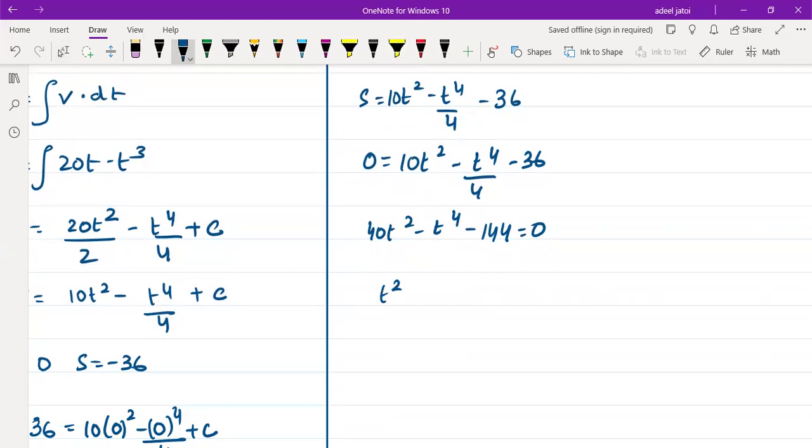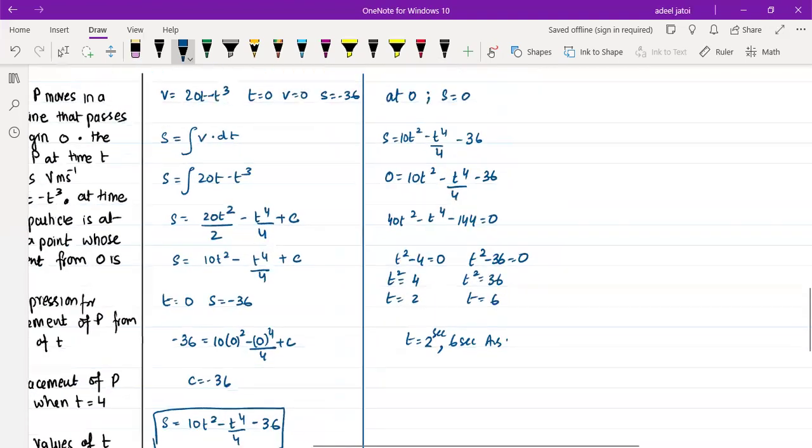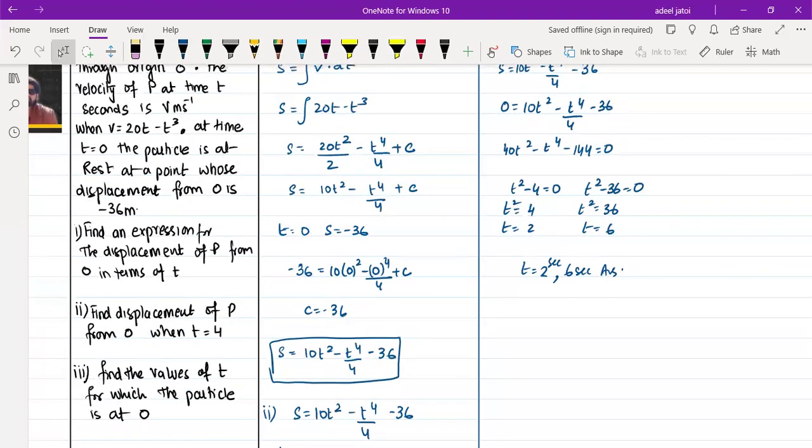So t square minus 4 is equal to 0 and t square minus 36 is equal to 0. t square is equal to 4, t square is equal to 36. t is equal to 2 and t is equal to 6. So the time will be 2 seconds and 6 seconds, for the value of t for which the particle is at O.